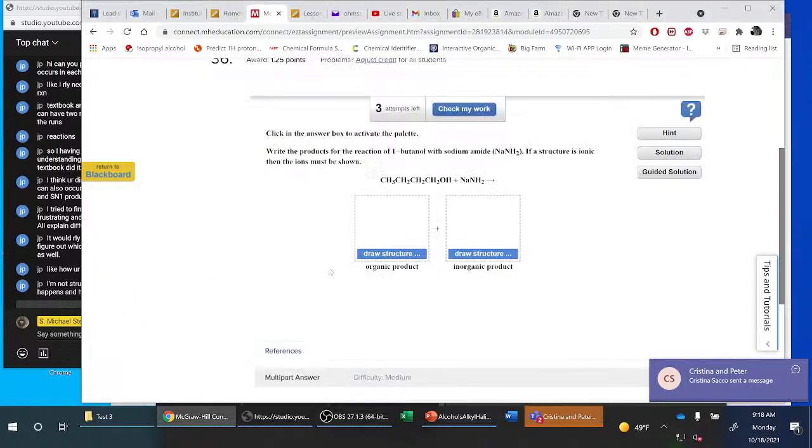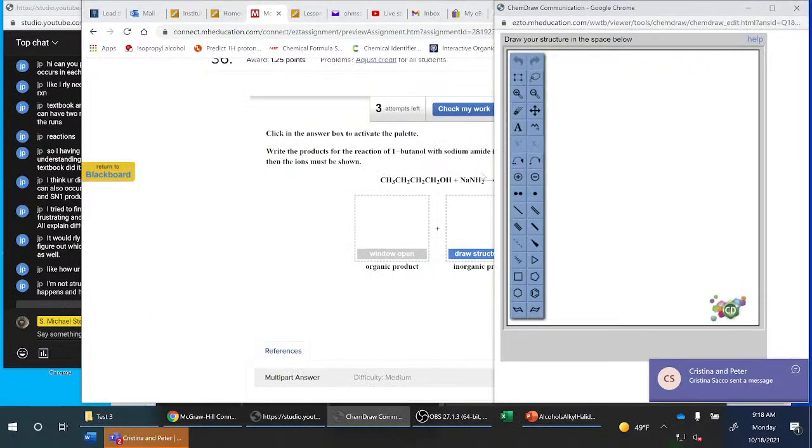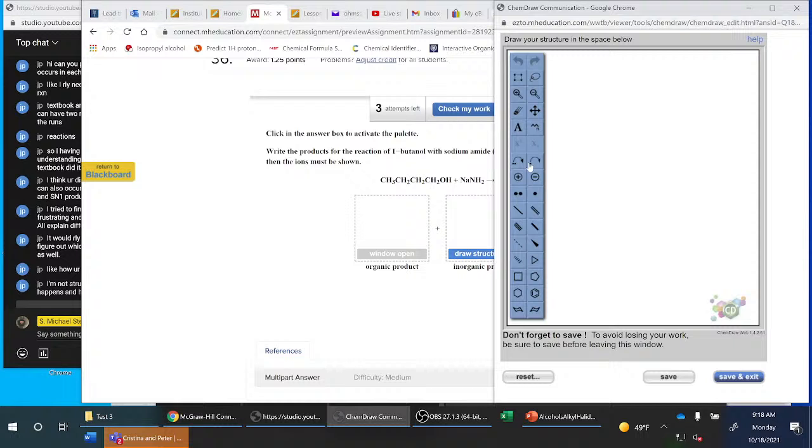On the desktop. Okay, so the reaction here. Actually, this NaNH2 is going to abstract a hydrogen from the alcohol. I do need to correct that in the packets, and that's a mistake on my end.